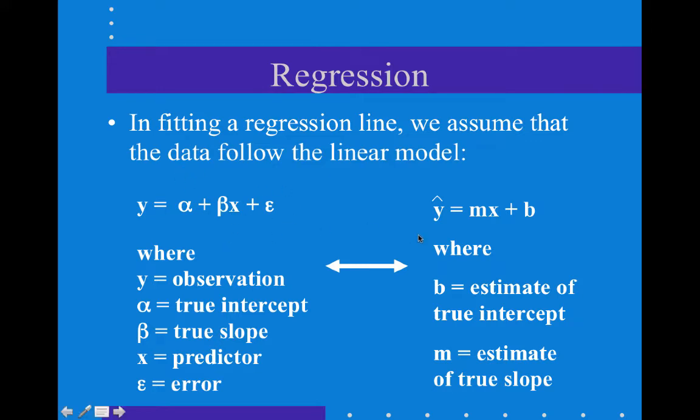In this model over here in regression, we are actually looking at a true slope line, where our estimated response variable is equal to the mean, and then we also identify the true intercept. So the intercept is going to be a part of this equation in addition to the estimate of the true slope.